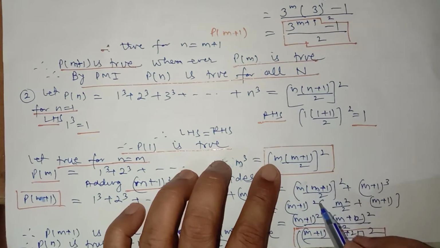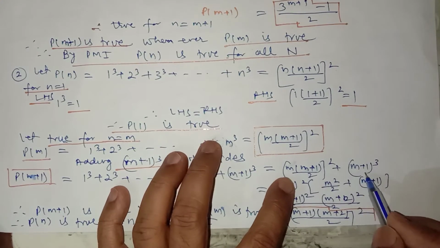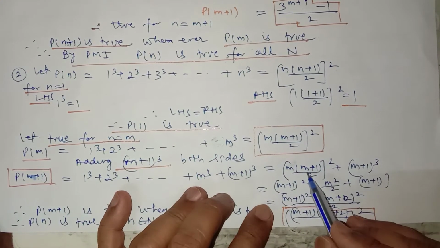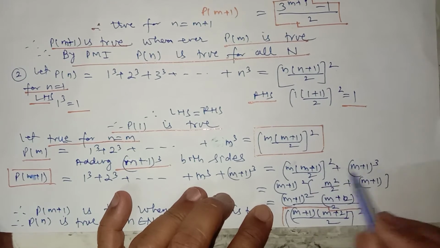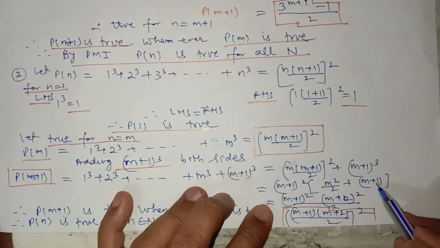So I am simplifying the right hand side. I am getting m plus 1 whole square common in these two terms. So you are getting m square upon 4, plus m plus 1.